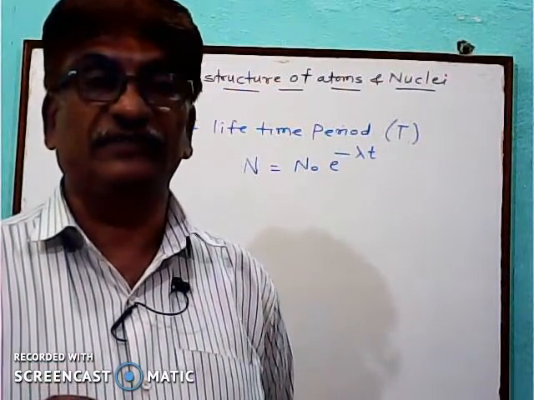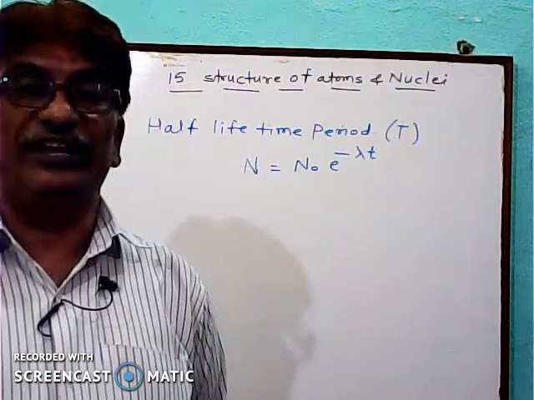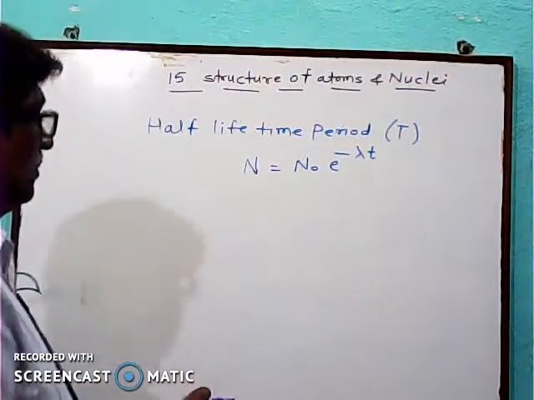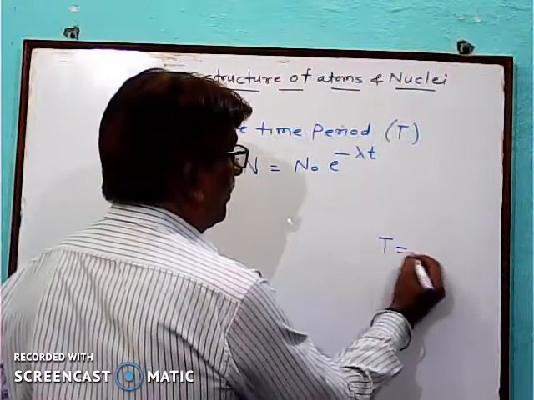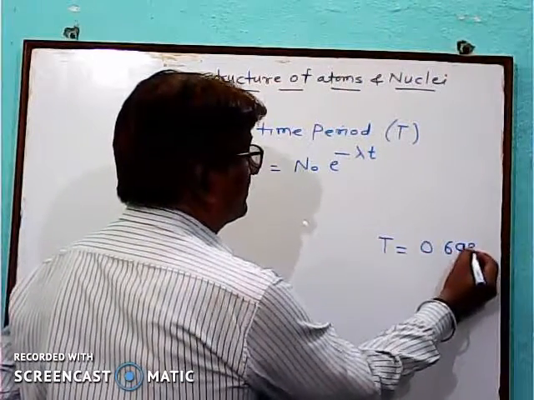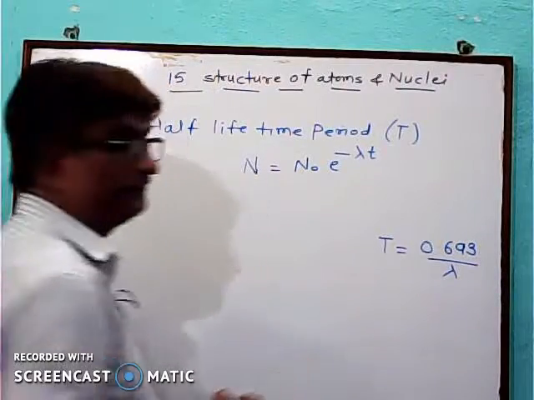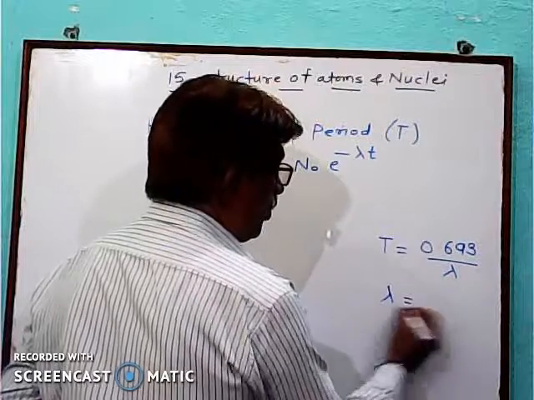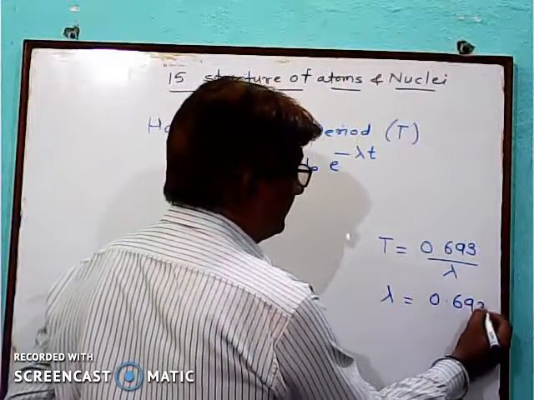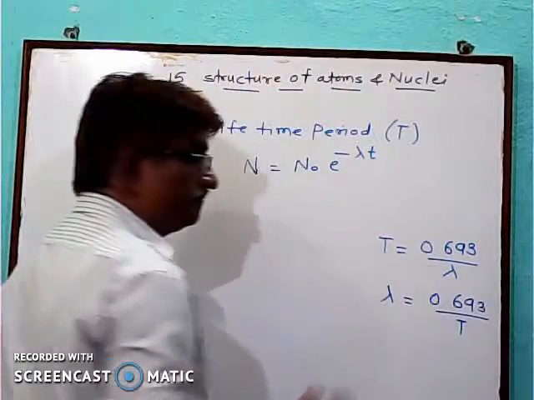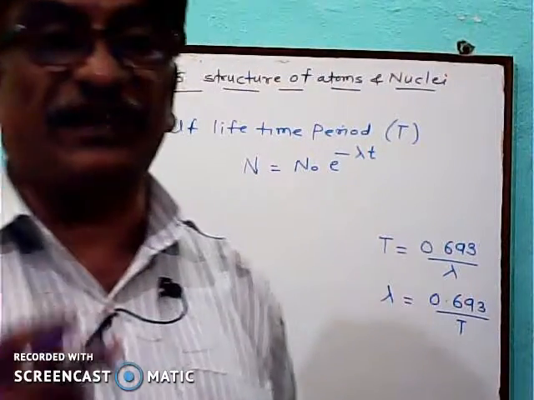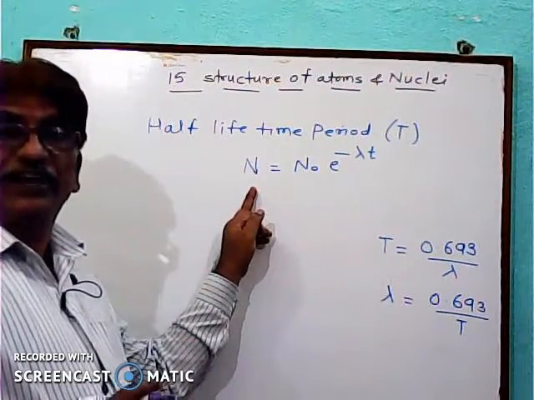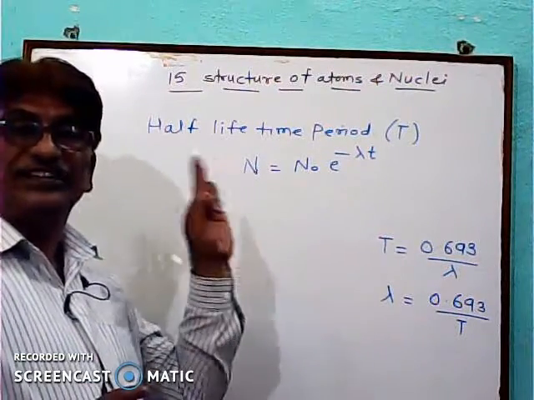Using the law of disintegration, capital N equal to N0 e raised to minus lambda t, we can show how capital T equal to 0.693 upon lambda, or another relation, how lambda equal to 0.693 upon capital T. These two relations can be seen by using this expression, the law of disintegration.